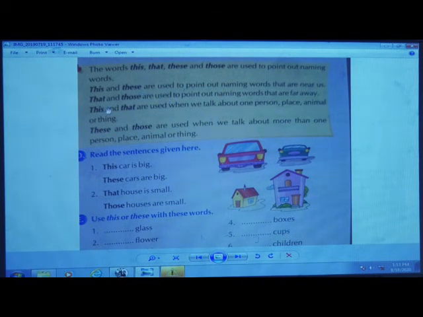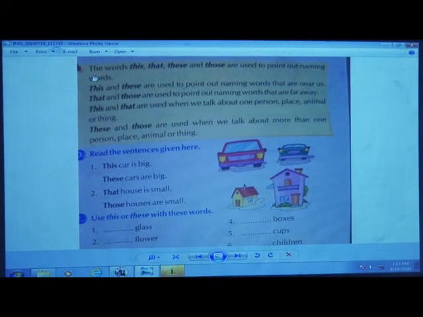When to use these, those? So once again we will revise. The words this, that, these and those are used to point out naming words. This and these are used to point out naming words that are near us. For example, this pen.